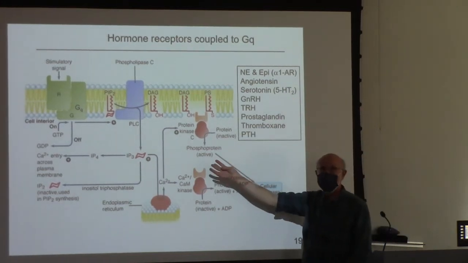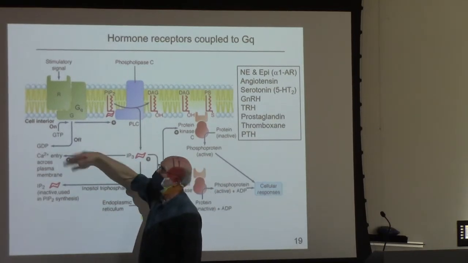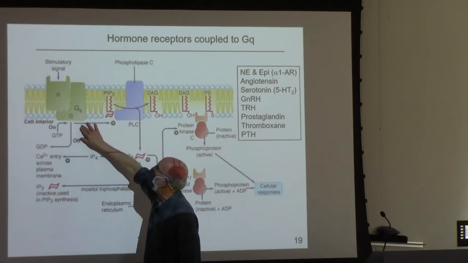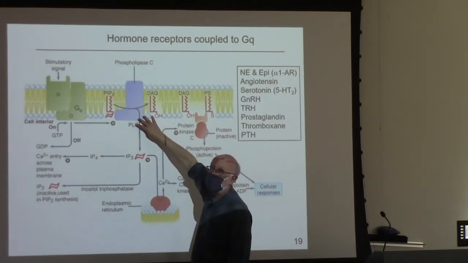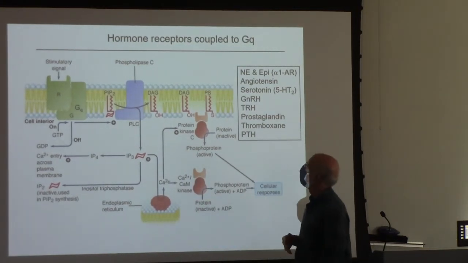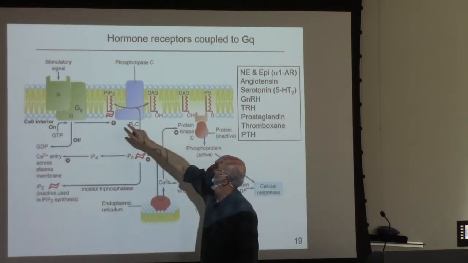Which story is this one? This is the GQ story, right? This one has more details. GTP binding, GDP dissociation, GTP binding, after conformational changes. Phospholipase C, you've heard this story. This slide has a lot of the detail of the GQ story.